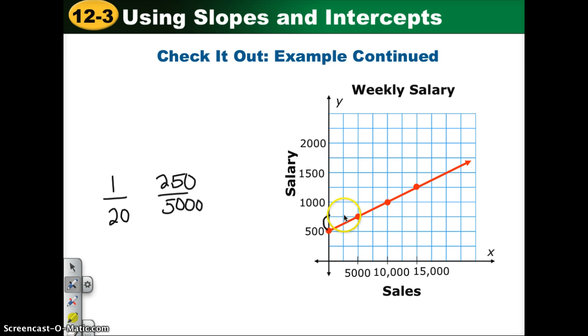And so then we would take an equal step equal to that. If we go up another 250, we go over another 5,000, up 250, 5,000. So when we're working with larger numbers and we have a small slope, you can make it into an equivalent fraction that's closer to the numbers you're actually working with.